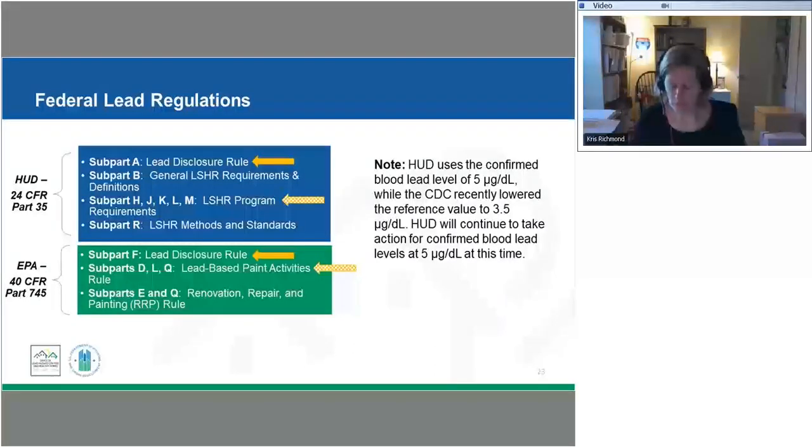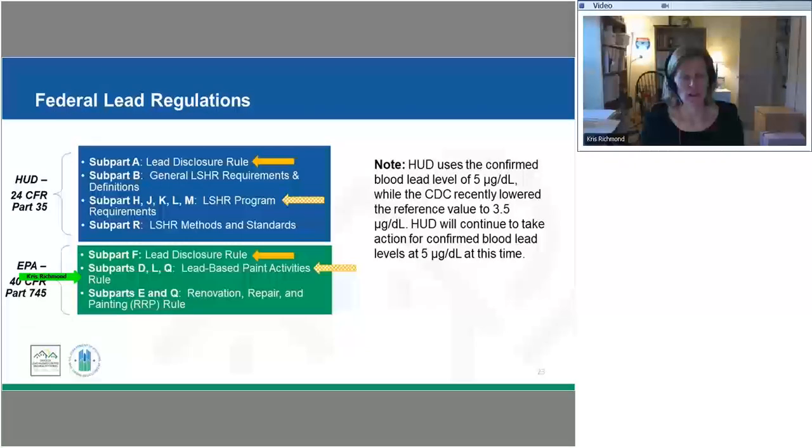Our lead-based paint activities rule, remember that was the WHO, the standards for performing the lead abatement, and that is in alignment with Subpart L, because L was what the rules were, and then the D, L, and Q for EPA was WHO. What are the standards for performing the lead abatement, a risk assessment, inspections, that type of thing.